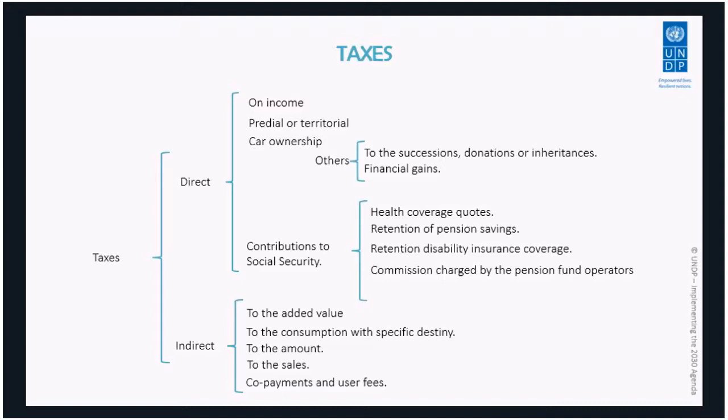So the idea with these exercises, in evaluating any reform, any changes previously to those changes occurring, is to maximize the benefits for the government while minimizing the social costs, right?